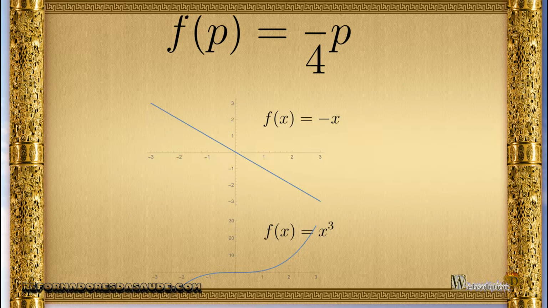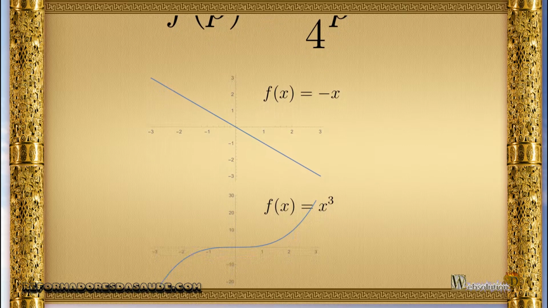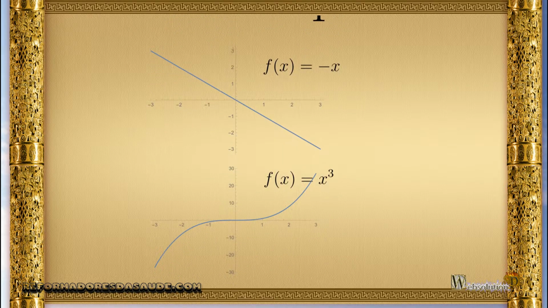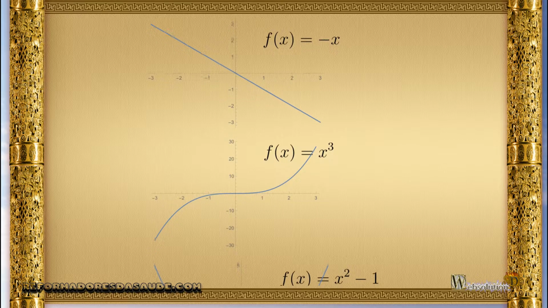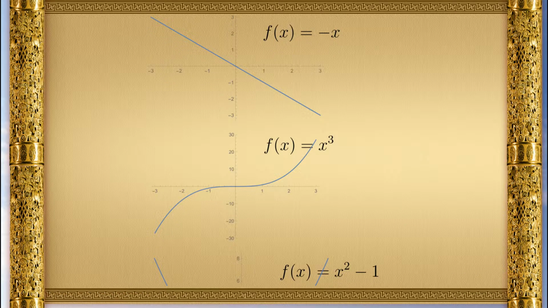Now let's look at another example, where the image is the cube of the domain. So we have a very interesting graph, which is a property of exponent variations. When the domain is in the range of -1 and +1, it varies very little, but leaving this range it varies a lot.